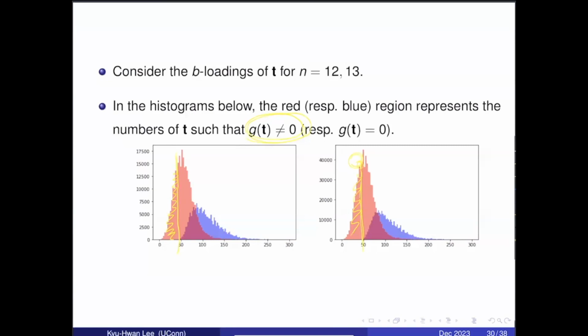Then how can we use this information to get some information about this separation of the Kronecker coefficient being 0 or non-zero? Remember that it's a difficult problem, but these histograms suggest that once we know this point, or this point, then we can automatically cut out this much.